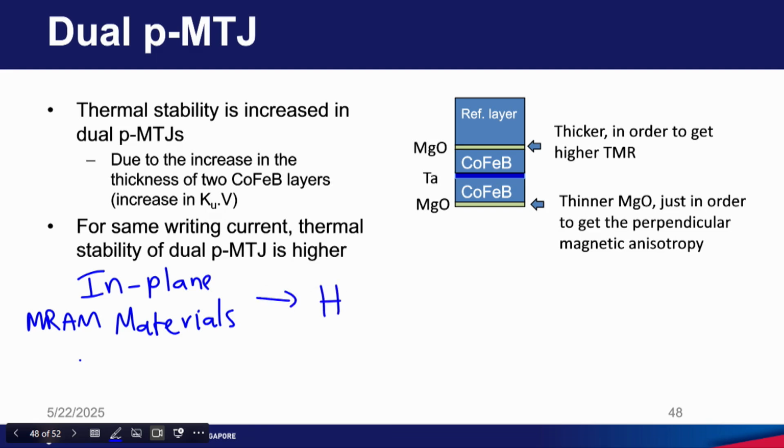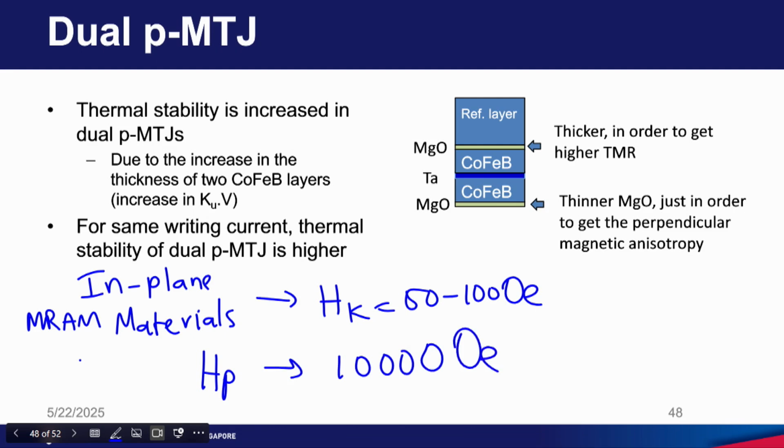Their anisotropy field is around 50 Oersted or 100 Oersted. But the field you need to keep the magnetization in the perpendicular direction can be like 10,000 Oersted, something like that.